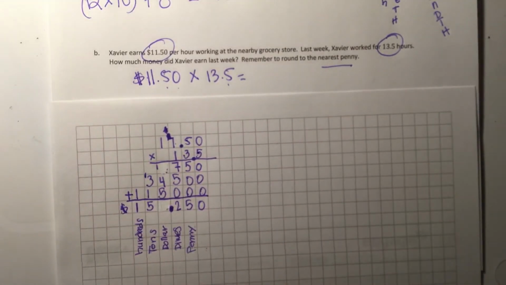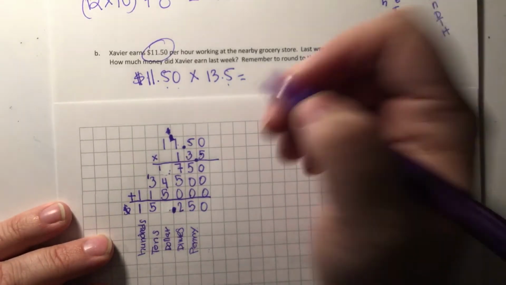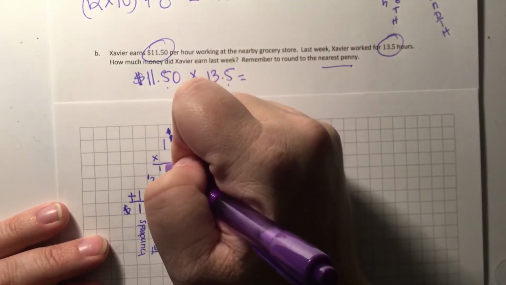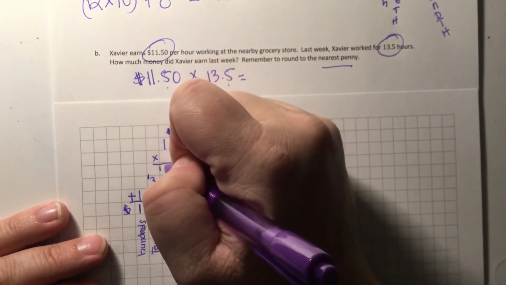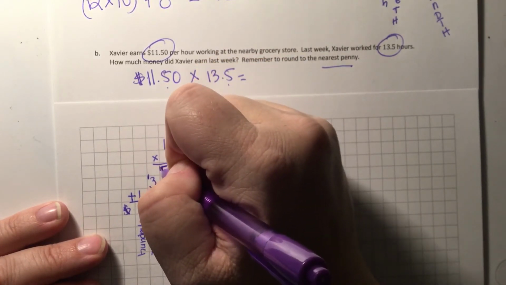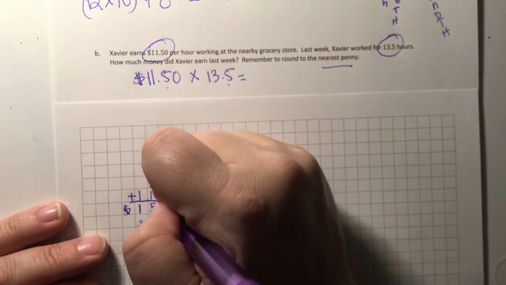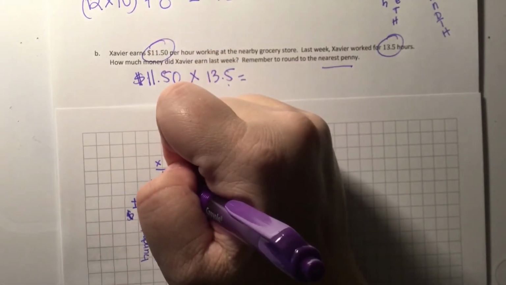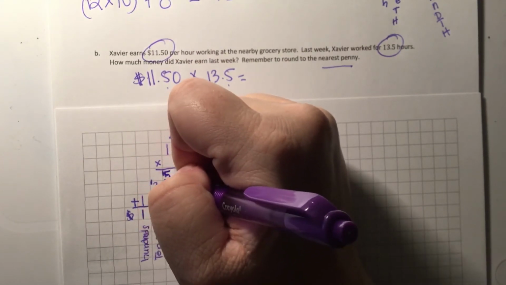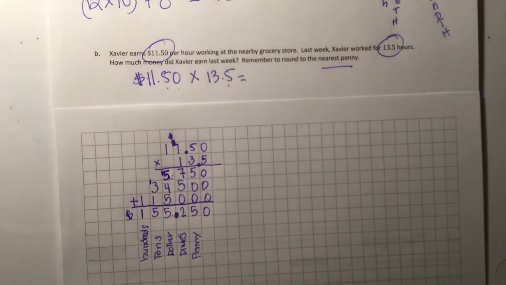Ooh, look at me. Okay, so this is a 5. 5 times 1 is 5. I think I was carrying something from a previous one. So it is, okay, 6. 6 and 4 is 10, and 5 is 15. So we'll double check one more time. 11.50 times 13.5.